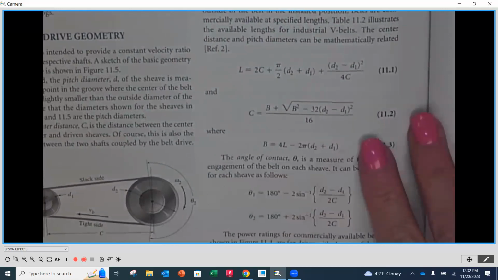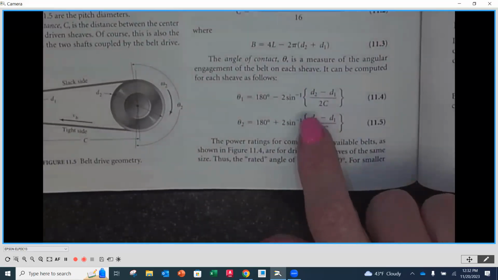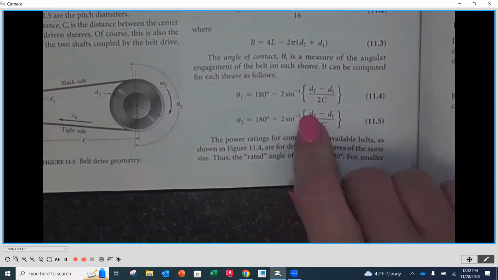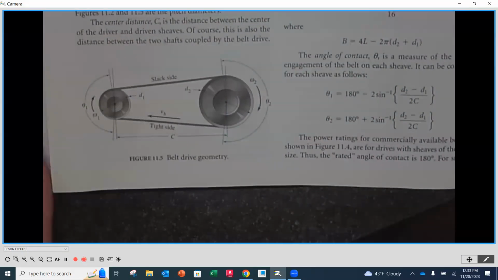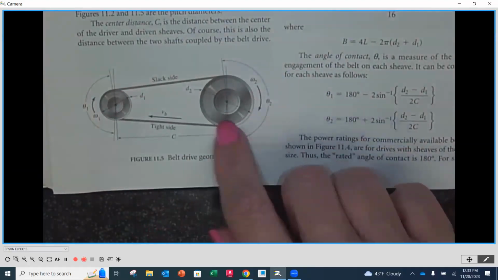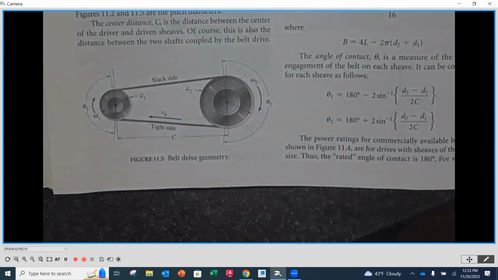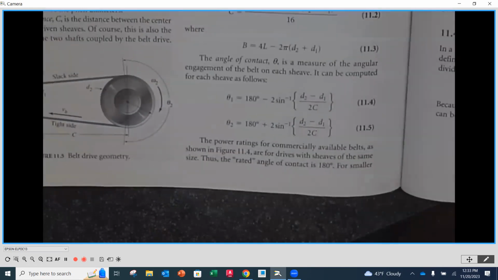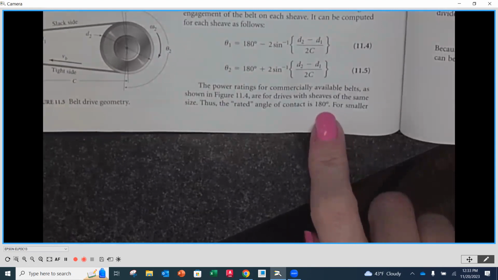And then the last part of this is angle of contact. Your angle of contact is going to be how much of that belt on each one of my shafts is actually going to be on the circumference. Okay, how much of that? And there is going to be a minimum amount that you need, and that is going to be 180 degrees.